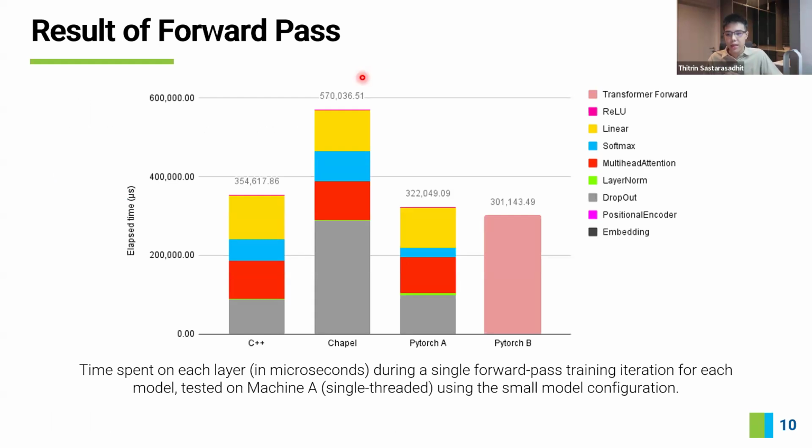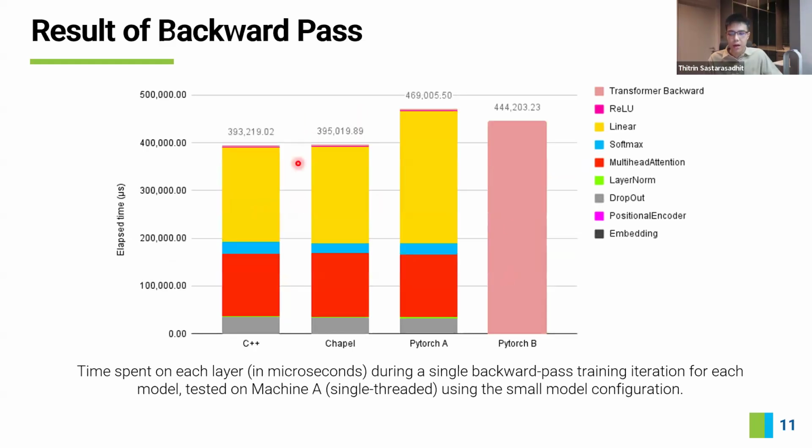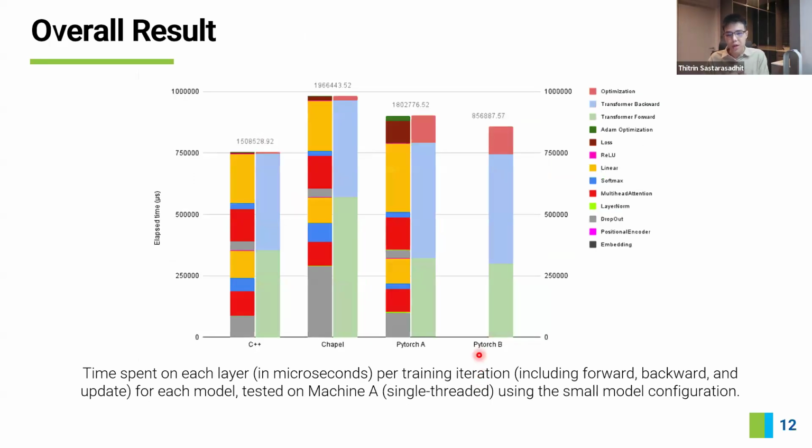As you can see here, in this situation, Chapel is the worst, followed by C++ and PyTorch. For the backward pass, Chapel and C++ perform relatively the same. In total, the worst is Chapel, followed by the 2 versions of PyTorch and the C++. Now, there's a reason behind this result.